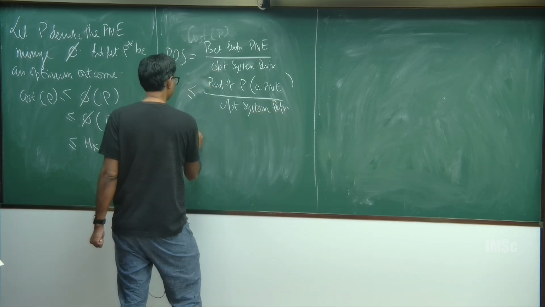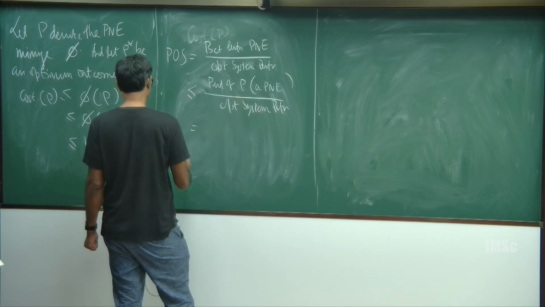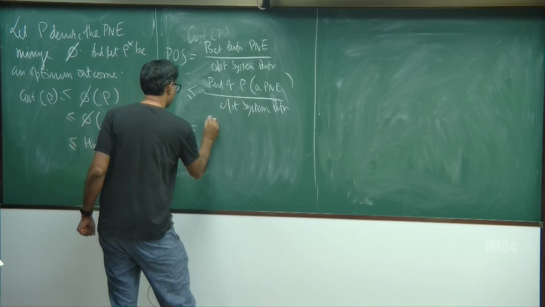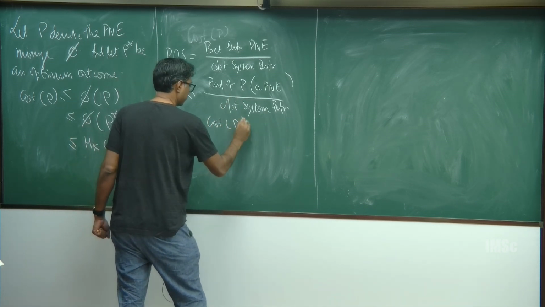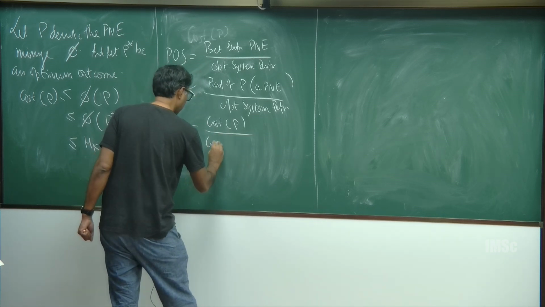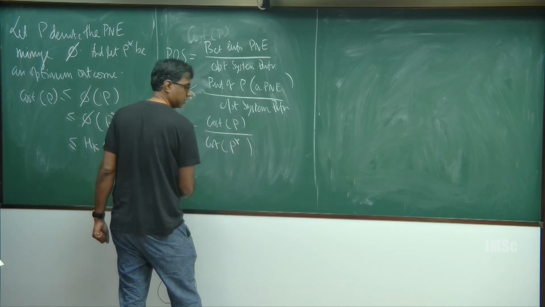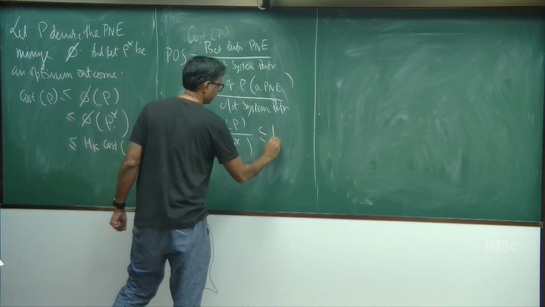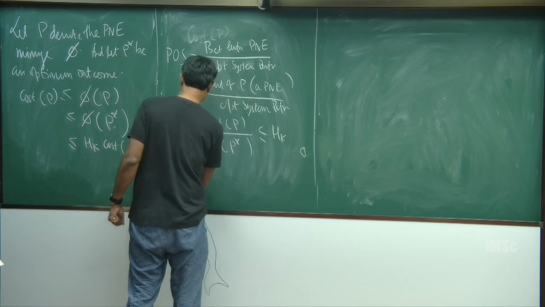This is less than or equal to the performance of some P, a pure Nash equilibrium, divided by the optimum system performance, which is equal to cost of P divided by cost of P star, which by your choice is less than or equal to H k. Done.